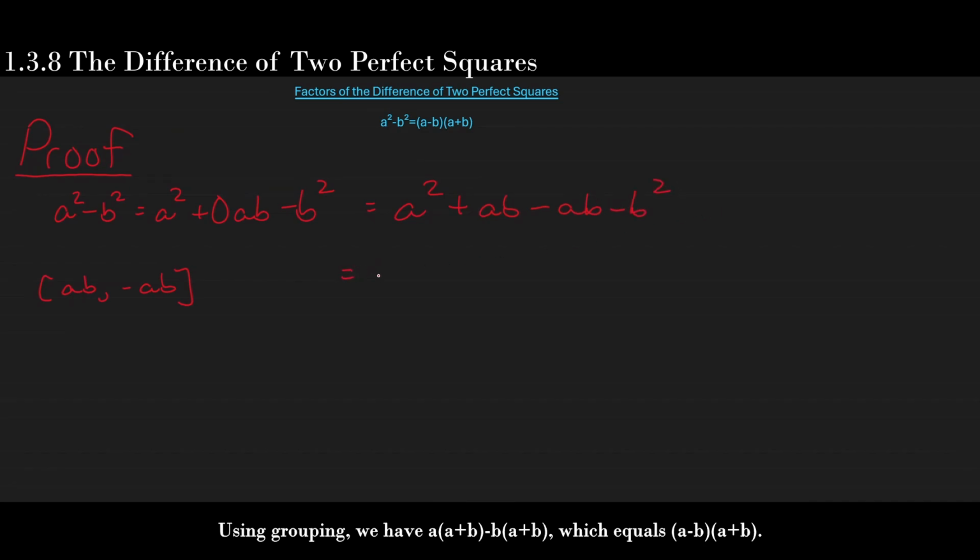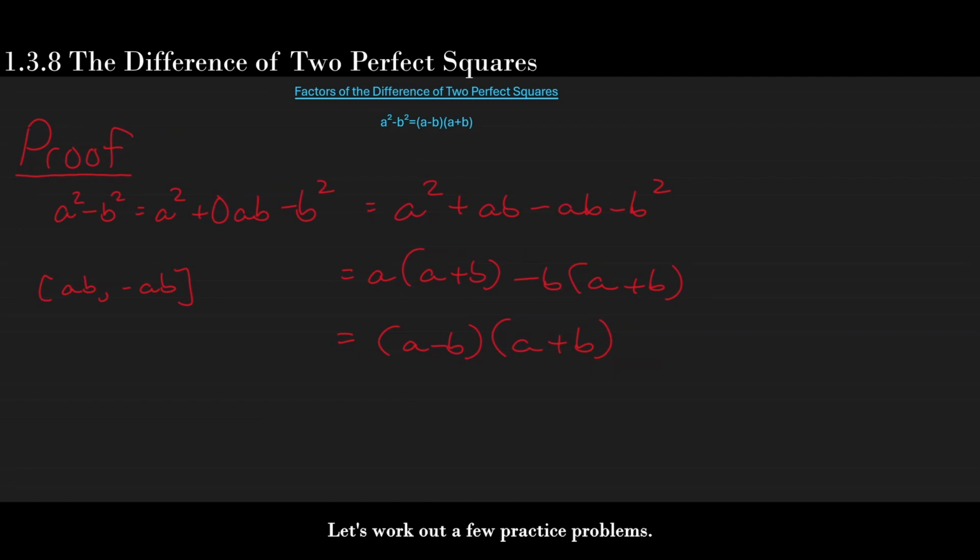Using grouping, we have a times a plus b minus b times a plus b, which equals a minus b times a plus b.